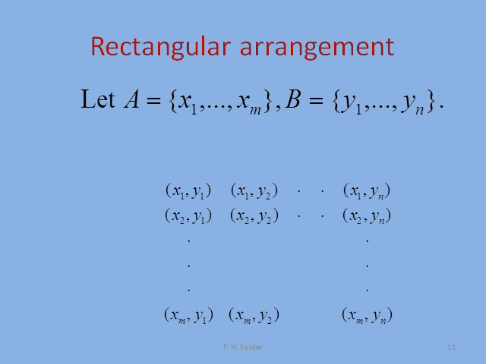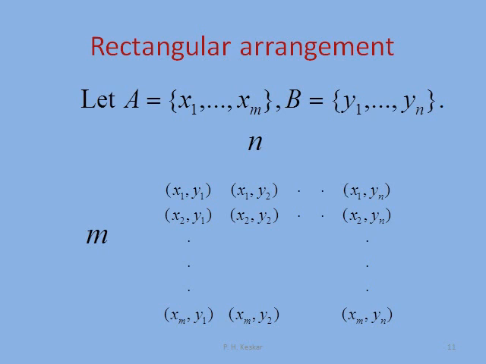Then A cross B, you can arrange its elements in a rectangular order like this, where there are m rows and n columns. Each row corresponds to a particular fixed value of the first component, and each column corresponds to a particular fixed value of the second component. So you can represent the Cartesian product via a rectangular arrangement.